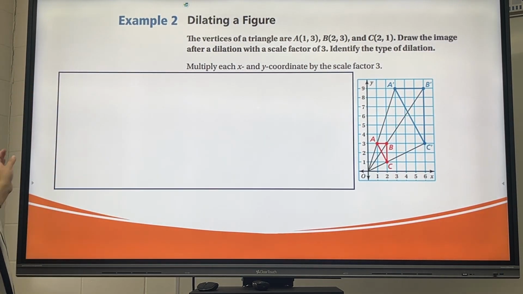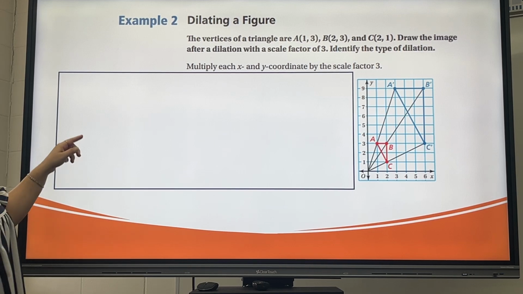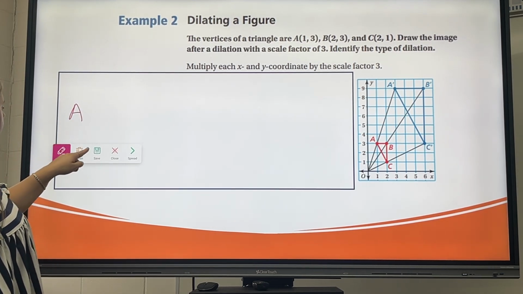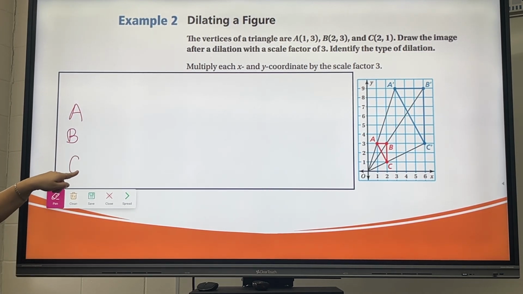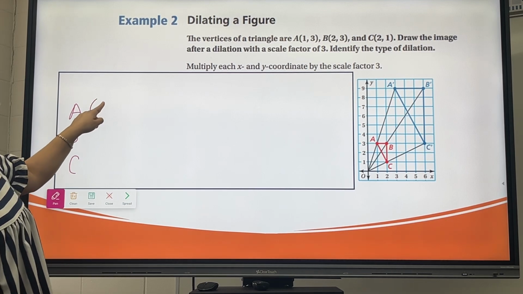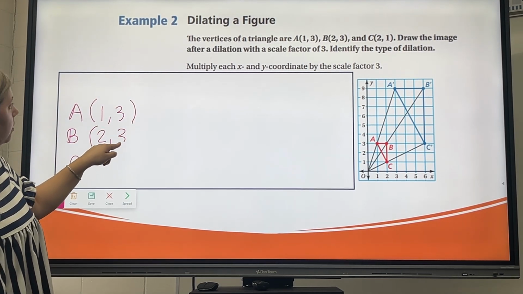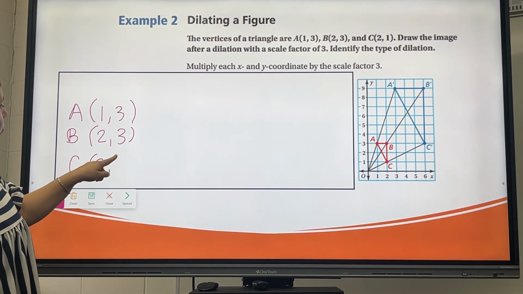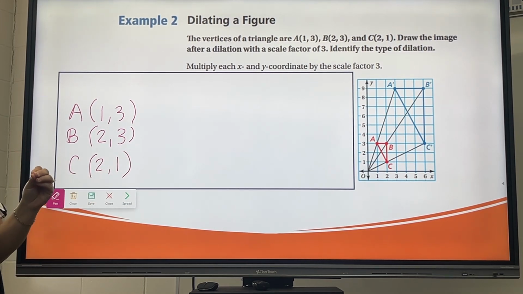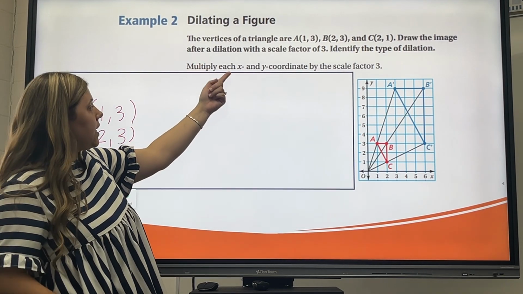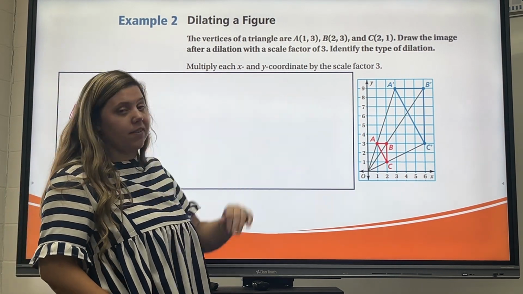So, the vertices of a triangle, we'll start with that. A, B, and C, okay? A is (1, 3). B is (2, 3). And C is (2, 1). The rule for dilations, okay, is to multiply each x and each y by the scale factor.